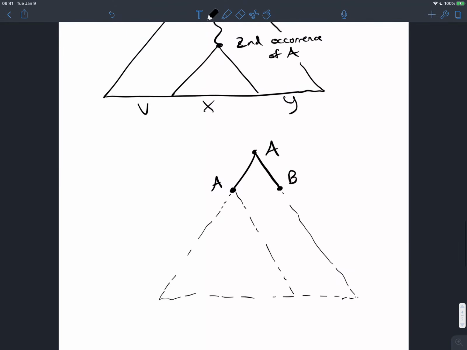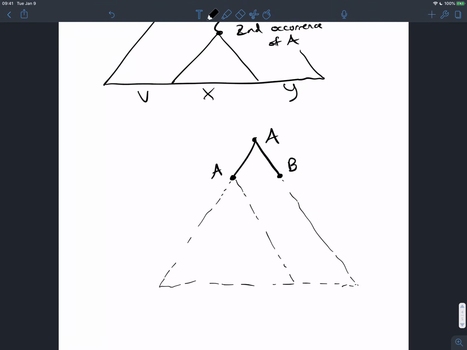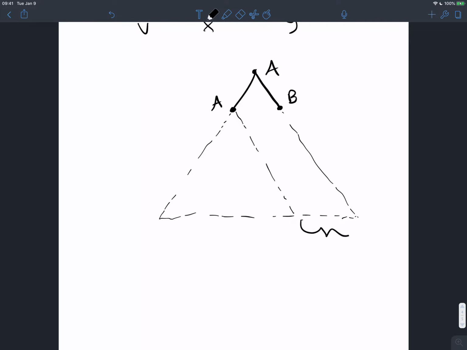So what does this parse tree tell you about V in this case? It's empty, right? Because the variable A could coincide with one side of the parse tree. Could it coincide with the other simultaneously? No. So what do you know about this part over here?